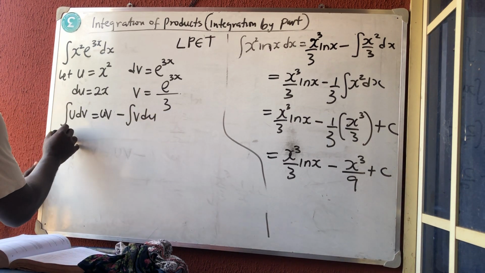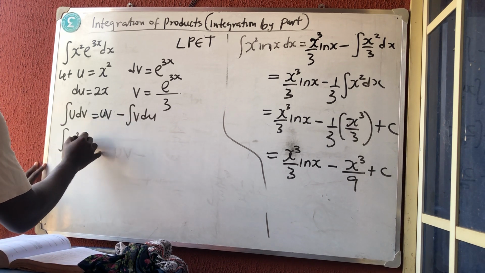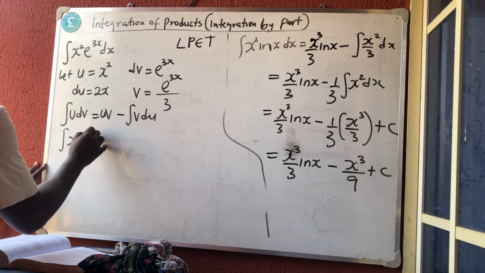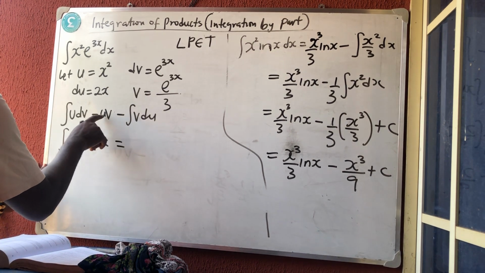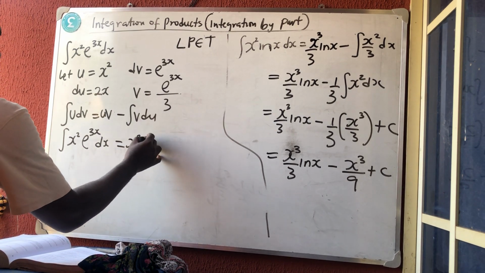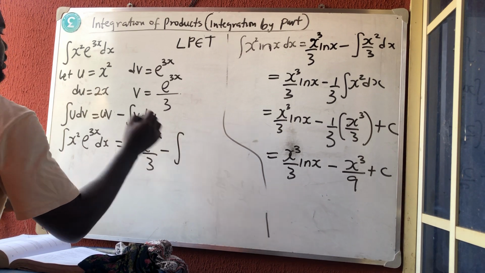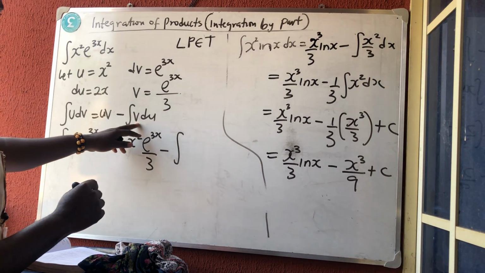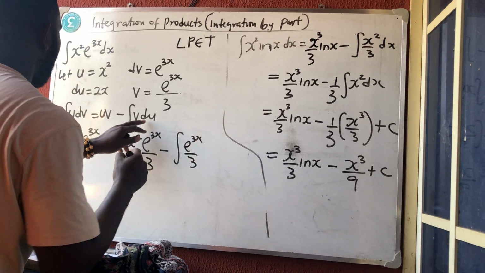So let us now put it. This is the integral of u is x squared, dv is e raised to power 3x dx, is equal to uv. U is x squared and v is e raised to power 3x over 3, minus the integral of v, e raised to power 3x over 3, and du.